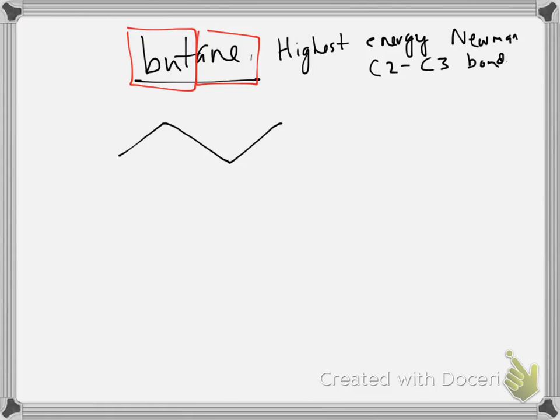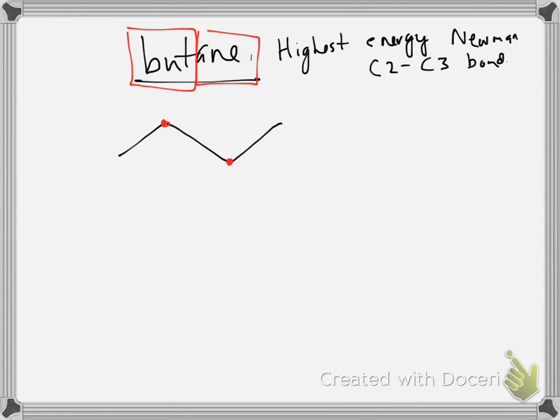Okay. So now that we've got our line angle drawing, we want to make sure that when we convert this into the Newman projection we're looking at the correct bonds. Where's carbon 2 and carbon 3? In the middle of our structure. So I would probably highlight those, circle those, so that I know that that's where I'm looking.